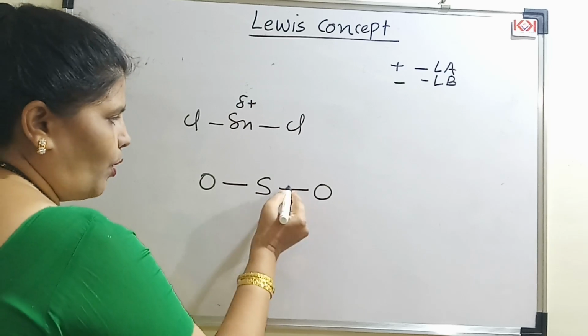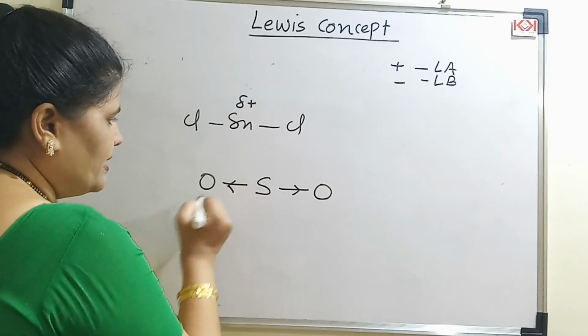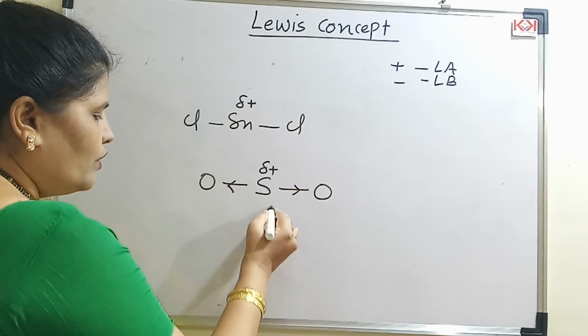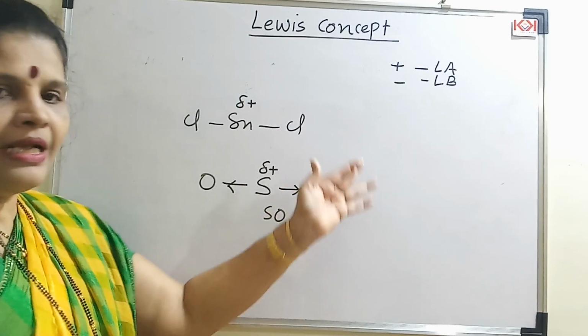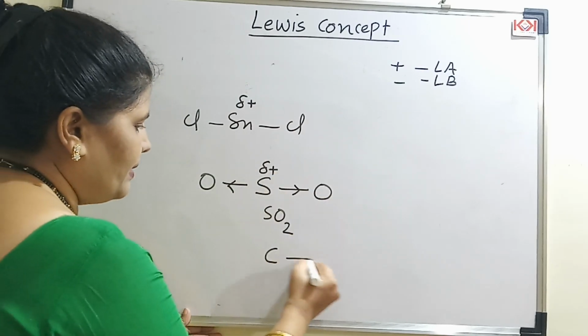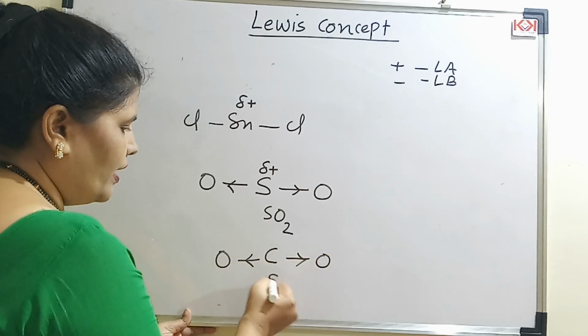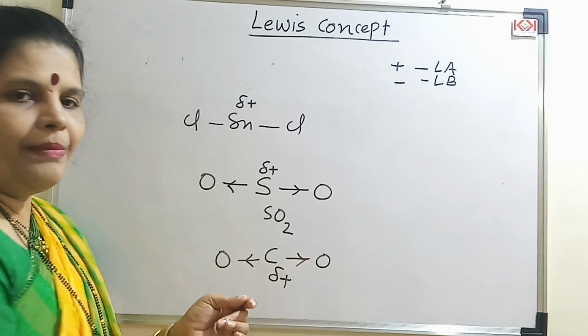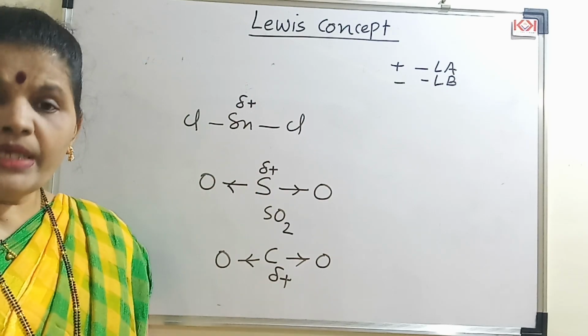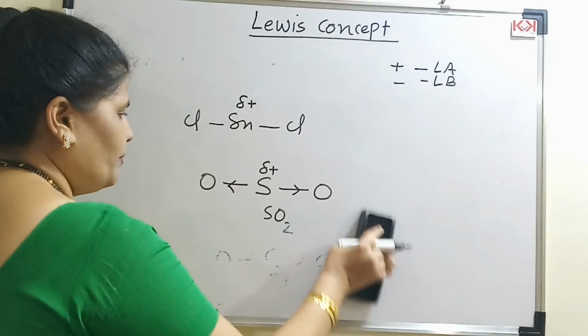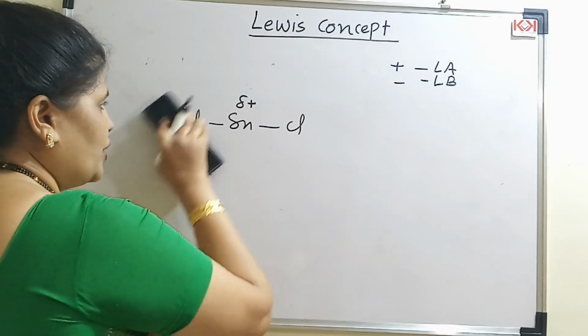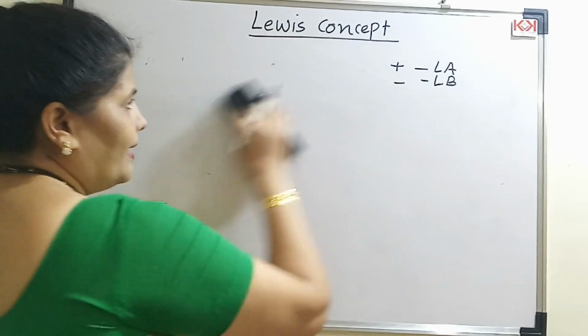Oxygen is more electronegative, so it will pull in this way, making this delta positive. So SO2 is a Lewis acid. If I see carbon dioxide, it is something similar. So this becomes delta positive. So carbon dioxide is also a Lewis acid. So this is how you can classify a given species as a Lewis acid or a Lewis base.